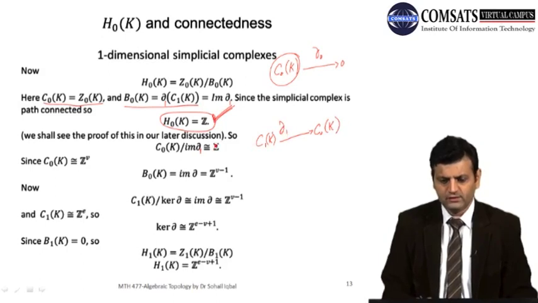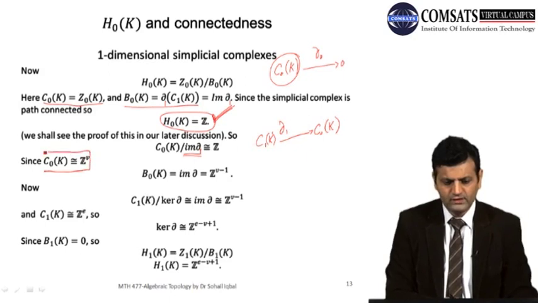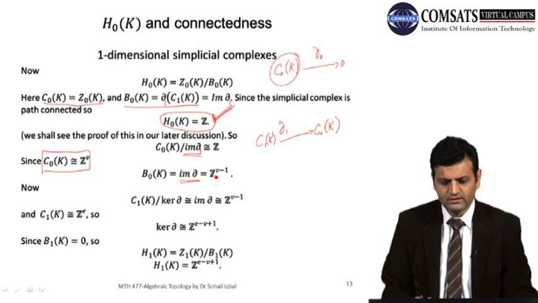The image of this is B₀, so C₀(K) quotient B₀(K) is isomorphic to Z, or in other words C₀(K) quotient the image of ∂₁ is isomorphic to Z. From here we can say that since C₀(K) is of rank V, in other words isomorphic to V copies of Z, this image is isomorphic to V minus 1 copies of Z.